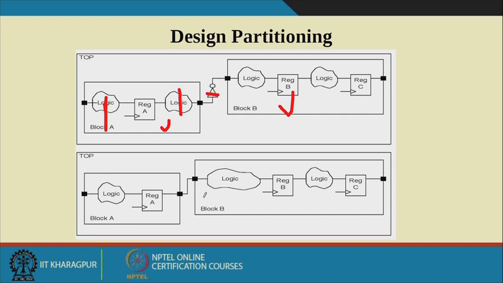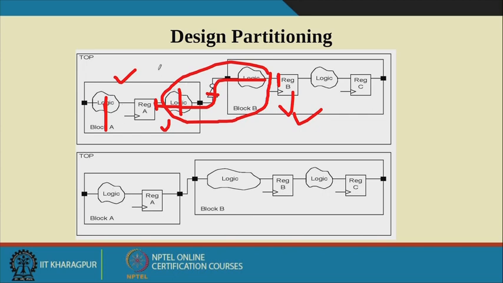So if I do the partitioning like this, it is not an efficient partitioning of the design. Why? Because from this particular register to this particular register, the whole thing is purely combinatorial. So why are we not considering the whole as a logic block, instead of mentioning this is U1, this is U2, a different cell and a different cell?